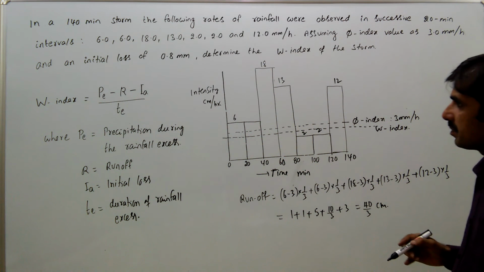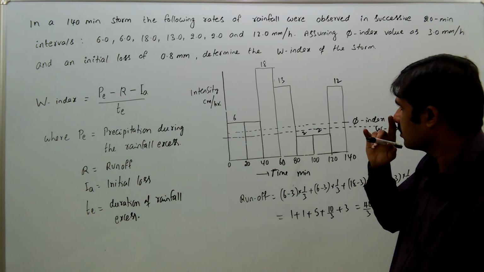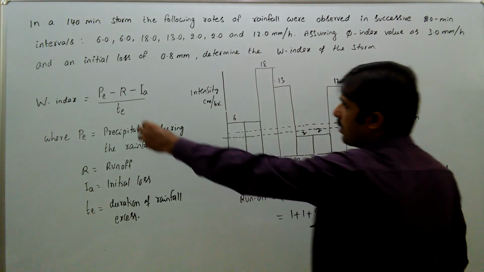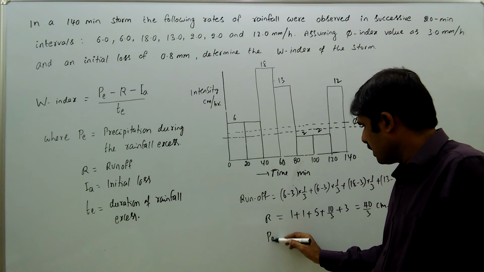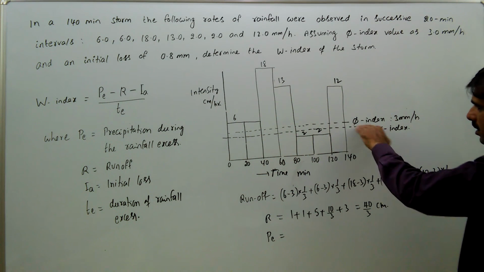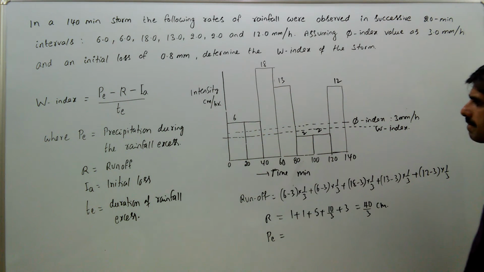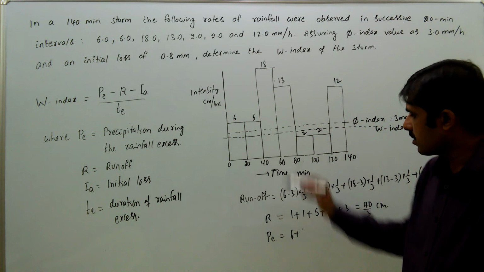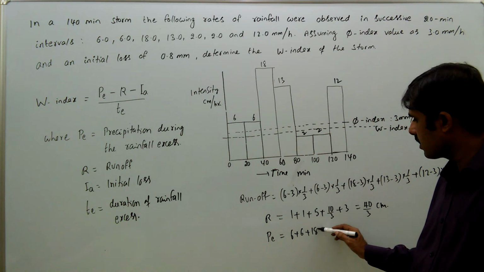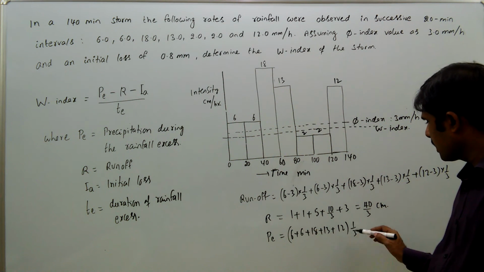Now, what is the rainfall excess? P also we will find. Suppose this W index is just about 2, then P, the total rainfall excess, will be 6 plus 6 plus 18 plus 13 plus 12 into 1 by 3, because each pulse width is 1 by 3.